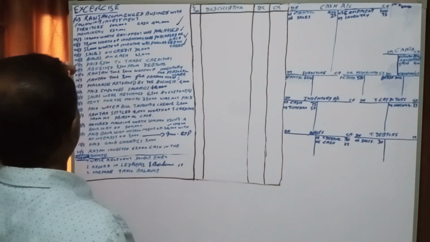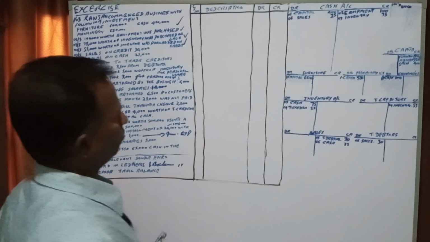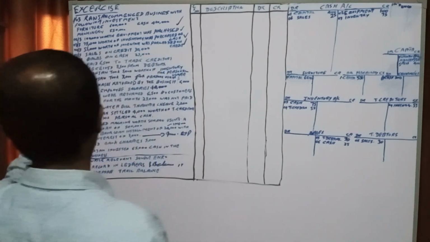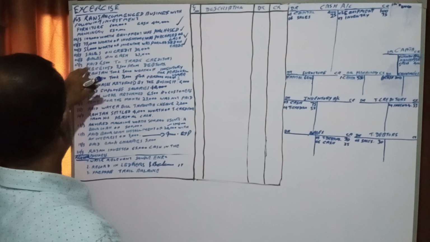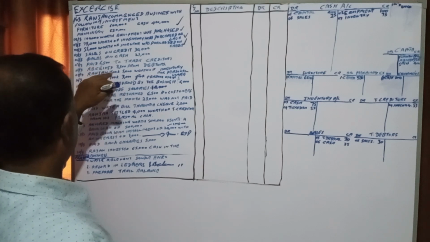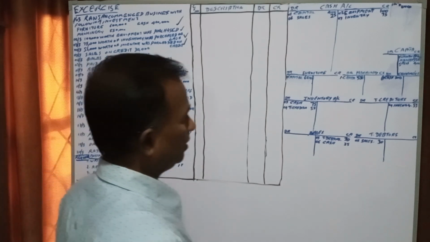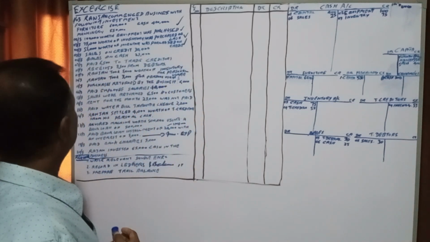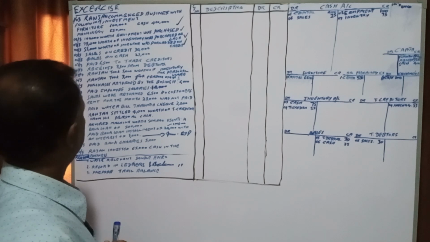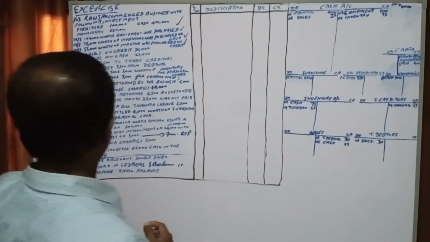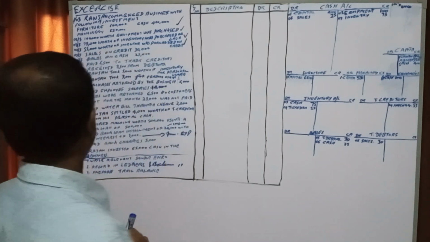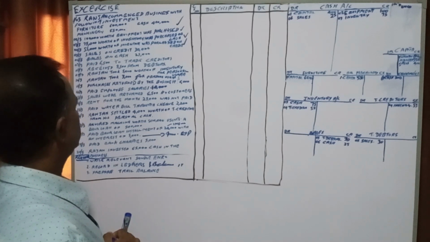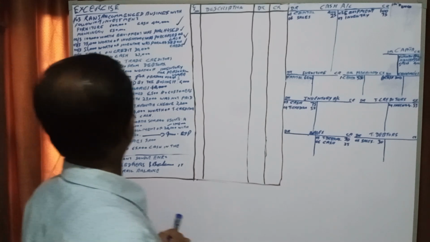Okay, now we move to 7th of March. The transaction that took place: paid 6,500 to trade creditors. We have made a payment to trade creditors. Understood? 6,500, sorry. Paid 6,500 to trade creditors.